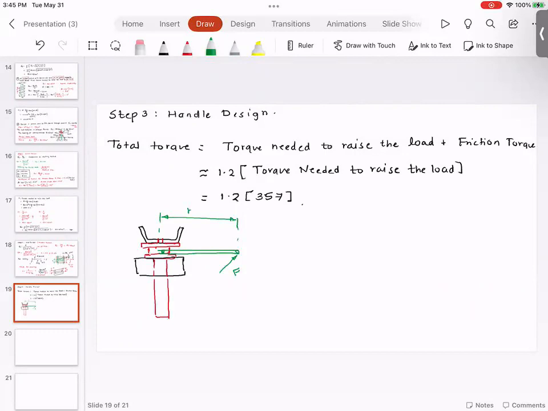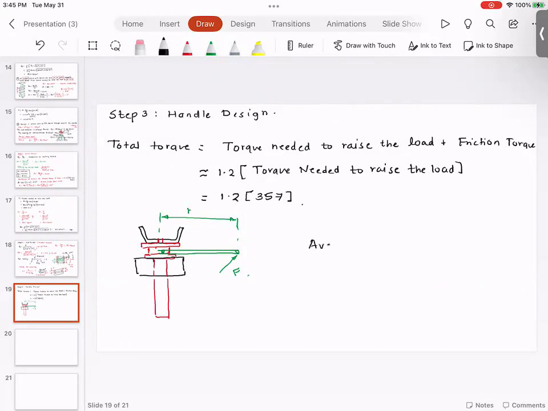Now, what I'm going to do is I'll give you an example. Let's assume that a single person is applying the torque. So for that, you will actually go to the design data book and see how much force a person can apply, and say that force is typically 300 Newton.